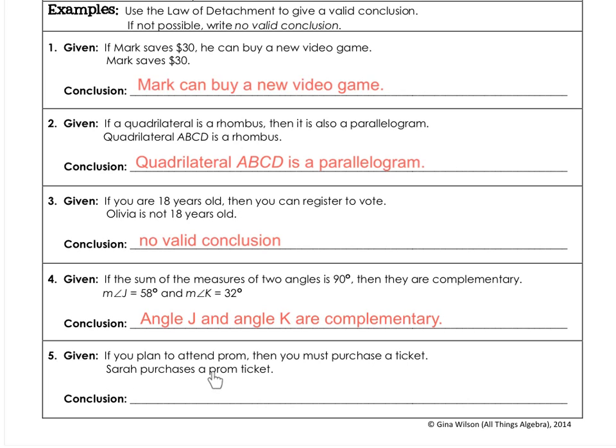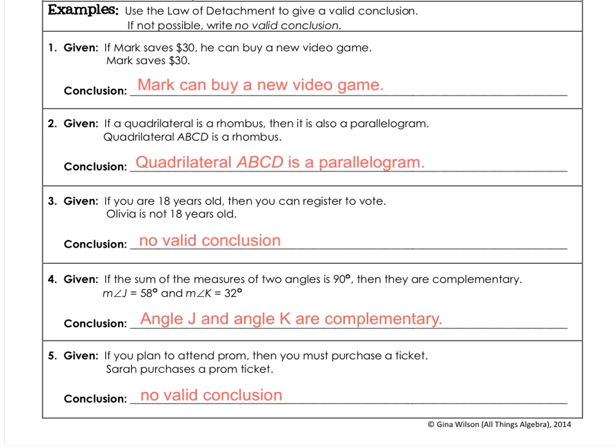We do not have that hypothesis. Instead, we have a statement that somewhat looks like the conclusion, but because we don't know anything about why Sarah purchased a prom ticket or what she plans on doing with that purchased prom ticket, we cannot make a valid conclusion. So basically, because we have not restated the hypothesis in some form, we cannot draw a valid conclusion based on the conclusion of this conditional statement. So our conclusion at this point is we can draw no valid conclusion.